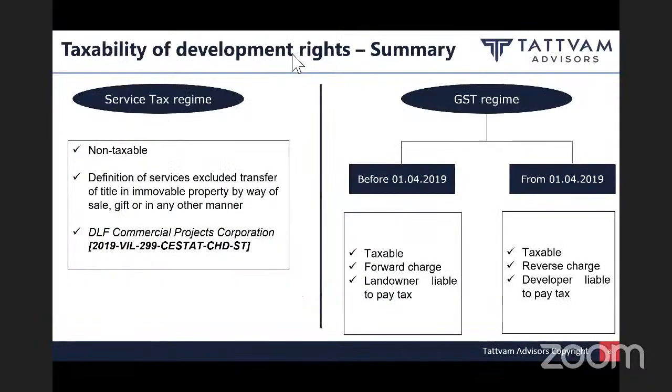Accordingly, in my view, after 1/7/2017, in respect of joint development agreements, all these agreements which are entered after 1/7/2017, transfer of development rights by the landowner to the developer will be leviable to GST. These are not excluded under Schedule 3 because the phrase used is sale of land instead of transfer of immovable property.